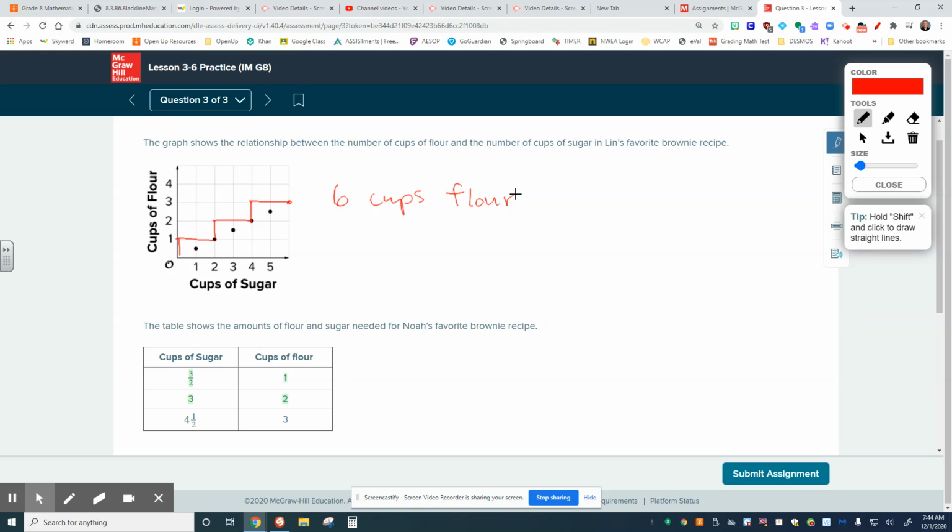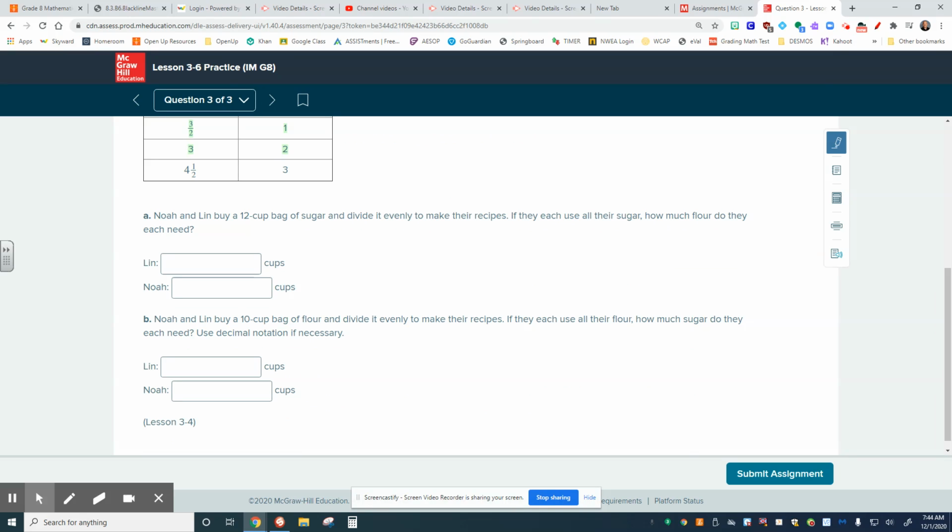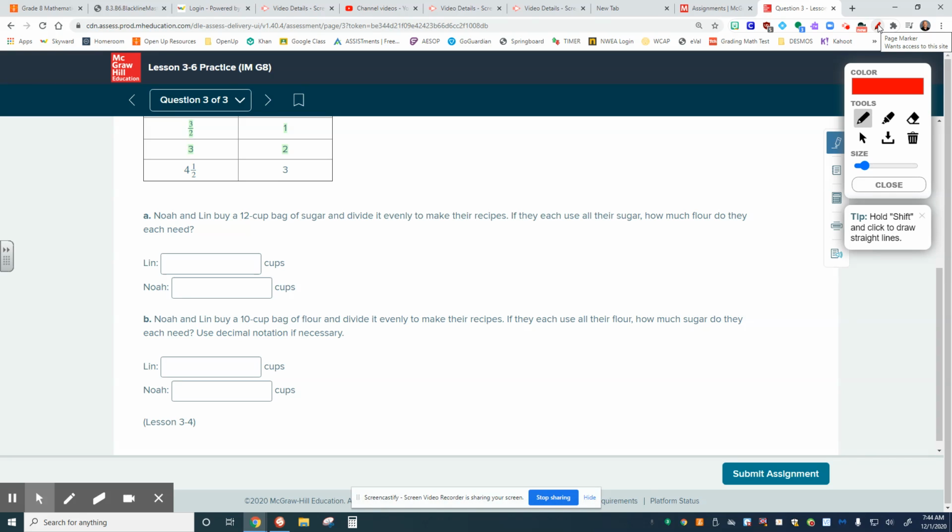So a couple different pieces that we can use with that. Let's go ahead and see our information here. If they bought the 6-pound bags, we know that Lynn, with 6 cups, needed 3 cups of flour, and Noah needed 4 cups of flour.